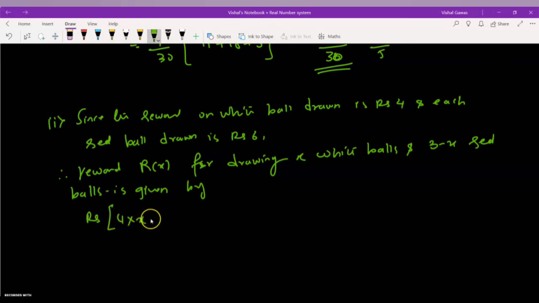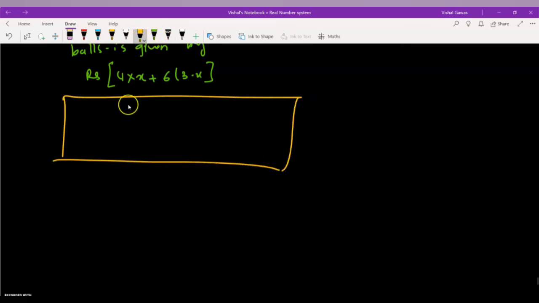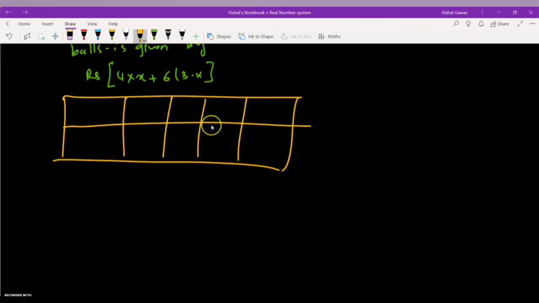You draw x white, you'll have this much, plus you draw red, you'll have 3 minus x. That would be the total reward. So let's write down the distribution of that also. Let's draw a table, a very big table perhaps.